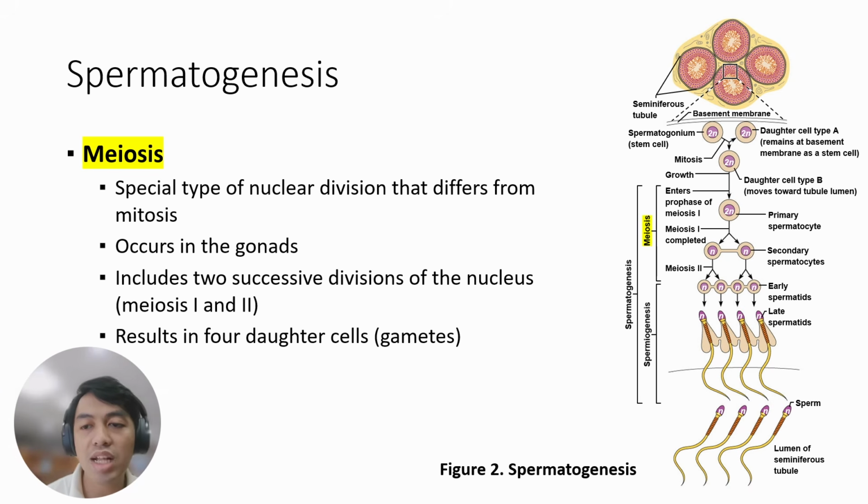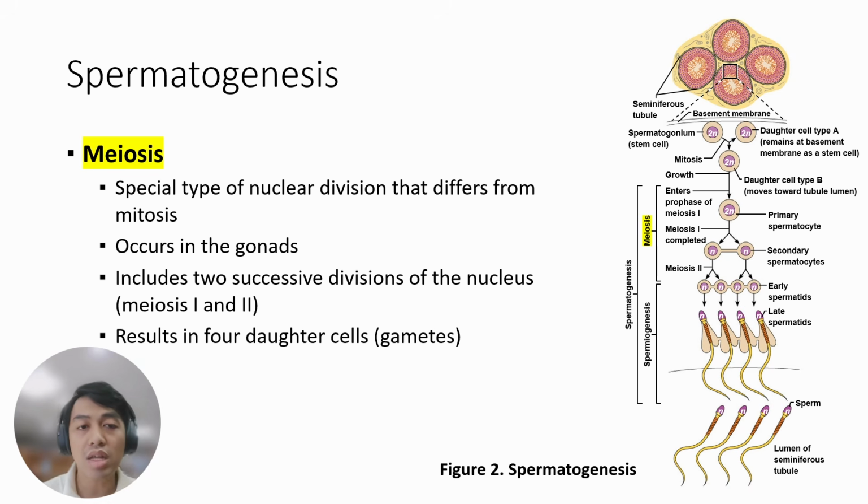Your daughter cell type B will then proceed to spermatogenesis, in which the first phase is meiosis. The difference between meiosis and mitosis is that in mitosis you have daughter cells that have an equal number of chromosomes as your mother cell, whereas in meiosis the number of chromosomes of each daughter cell is half of that of the mother.